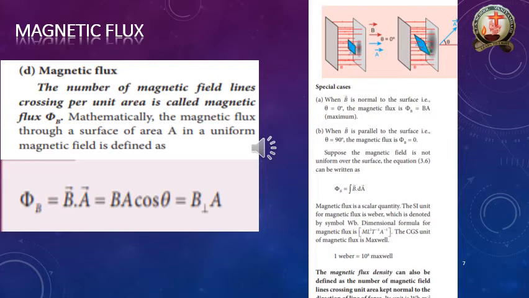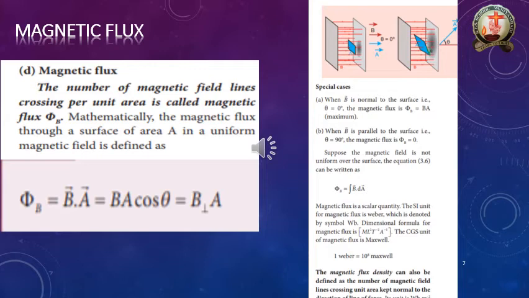First case, when B bar is normal to the surface. In that condition, theta is 0, because the surface is normal to B bar, which means the surface area is parallel to the magnetic field.